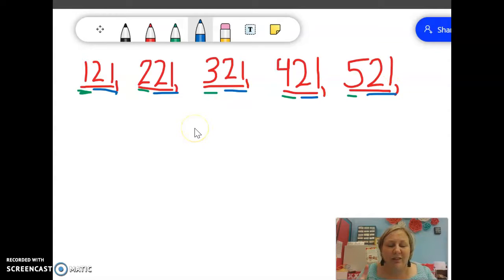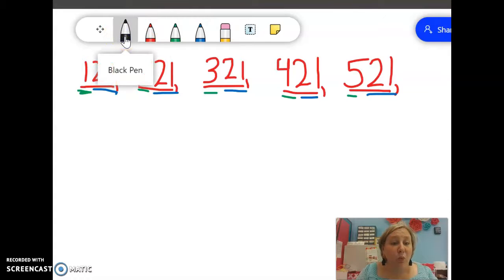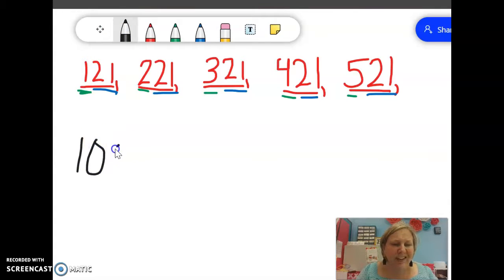So there's a trick that I remember. When I am skip counting by 100s, I think of the number 100, and I think to myself, 100 has 2 zeros in it.